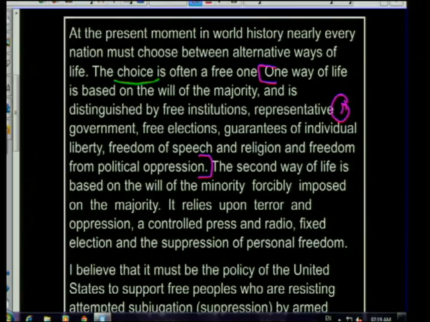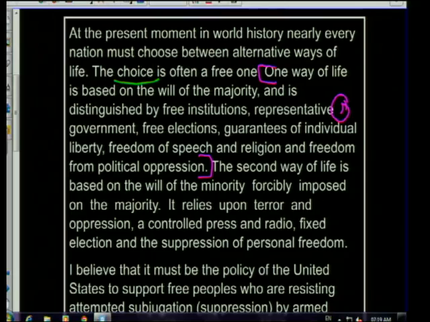And then he goes on to say the second way of life. So when you're comparing these two ways, you've already looked at the first one, okay, and you know what the first way of life consists of. And then he says the second way of life is based on the will of the minority. I'm going to use a different color for the second way of life so that you can see that. It starts from here.